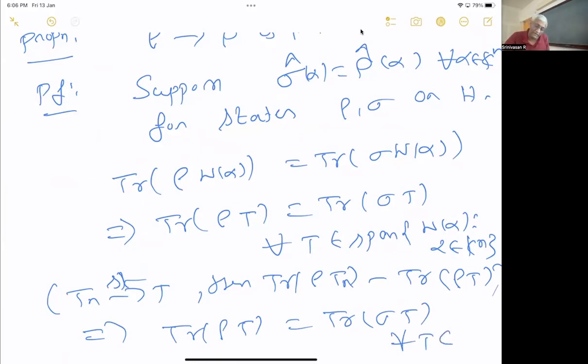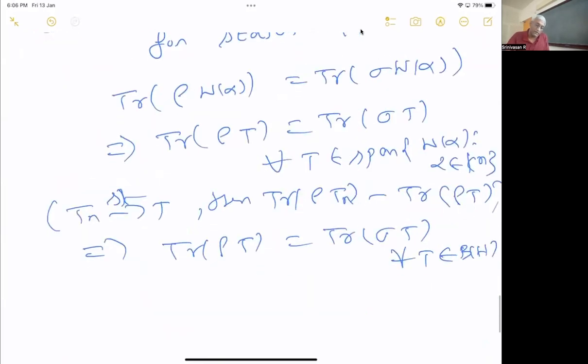Now this is a linear functional, and the linear functionals coincide on that. This implies phi T of rho equals phi T of sigma.